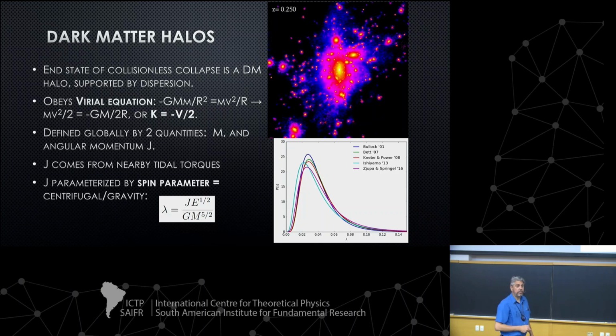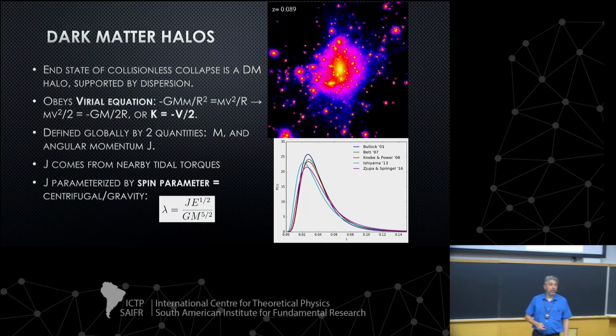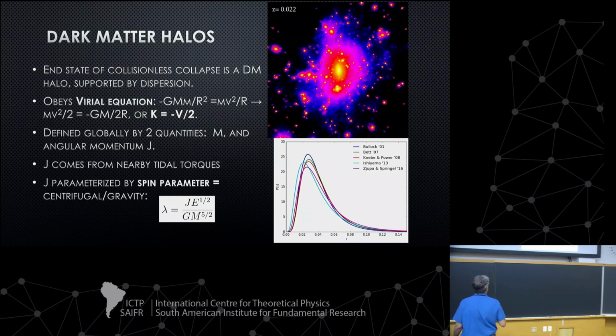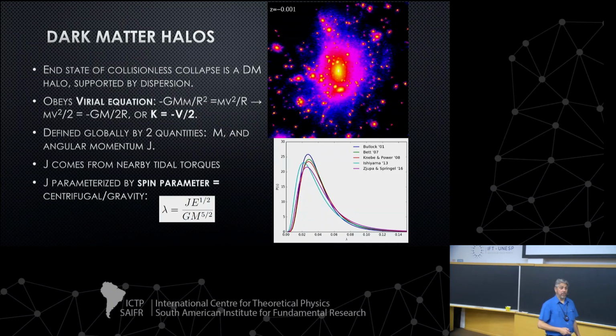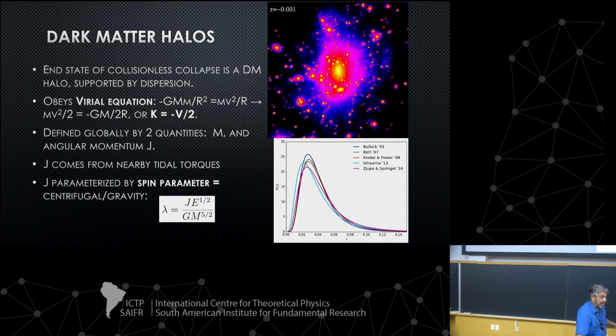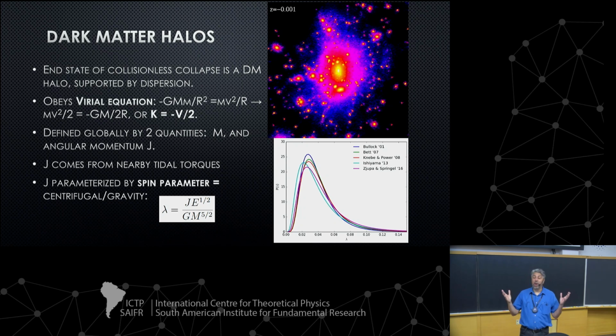Okay, and a follow-up question: what is the minimum spin parameter that you need in order to form a spiral galaxy? Very, very small, unfortunately. So the reason is this. If you think about the size, let's just take the Milky Way. The size of the Milky Way halo is 200 kiloparsecs, roughly, right? The size of the Milky Way disk, the scale length of the Milky Way disk, is a few kiloparsecs, maybe 3 or 4, right?